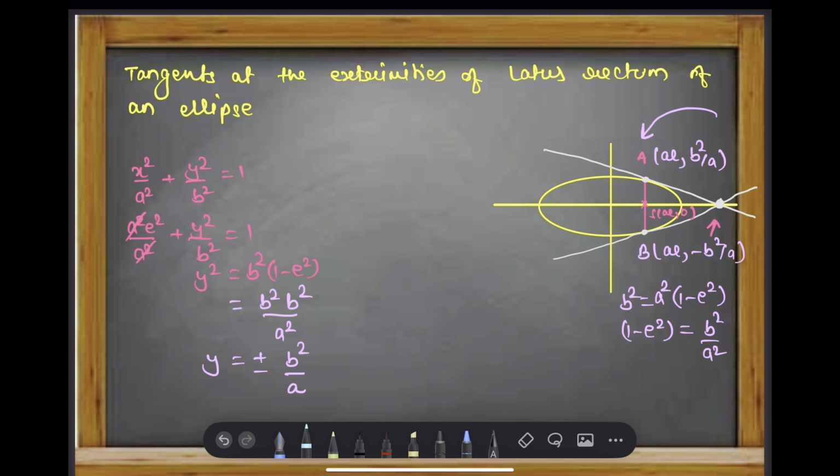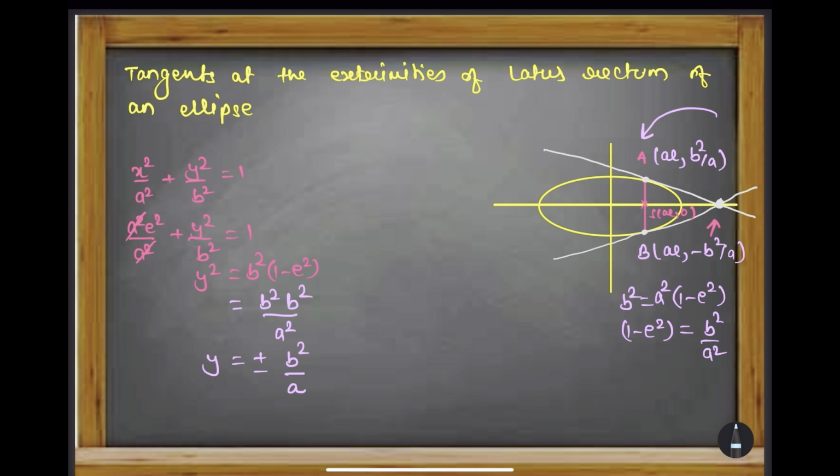Correct? Now you know that it is symmetric. So if you go with one tangent also, you can find out the point of intersection. It will intersect at the x-axis only because it is symmetric. The tangent is also symmetric and the ellipse is also symmetric. So I'll go with tangent at A. So if you have a point on the curve, how did we used to write the equation of the tangent?